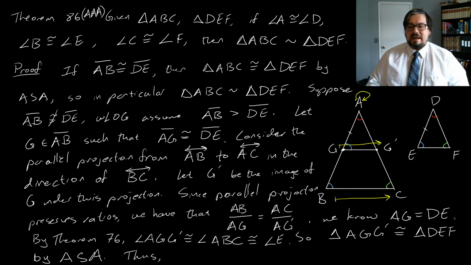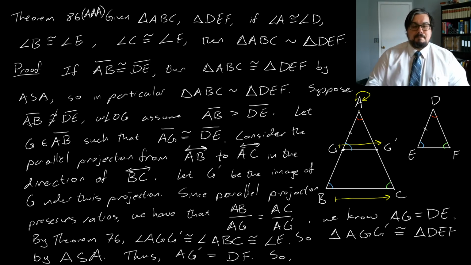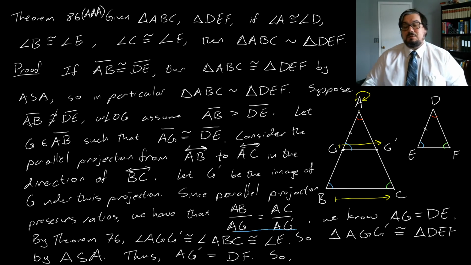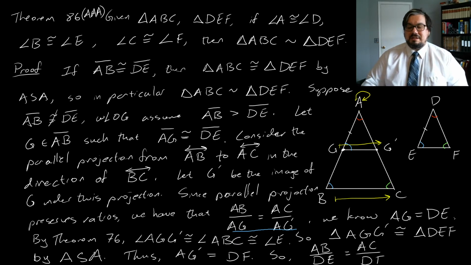Thus, we have that AG prime is equal to DF. So, rewriting the ratio that we had before, AB over AG equals AC over AG prime, we have that AB over, let's see, AG is DE, equals AC over, and now AG prime we know is DF.